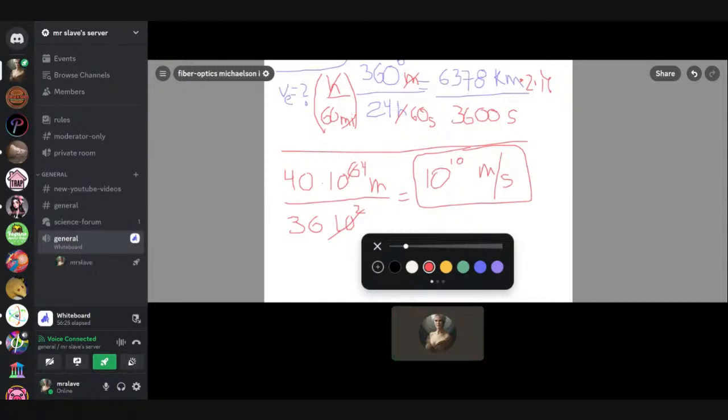What? 10 to the 10th? Well, 10 to the 6th is a million meters per second. So that's way too fast.